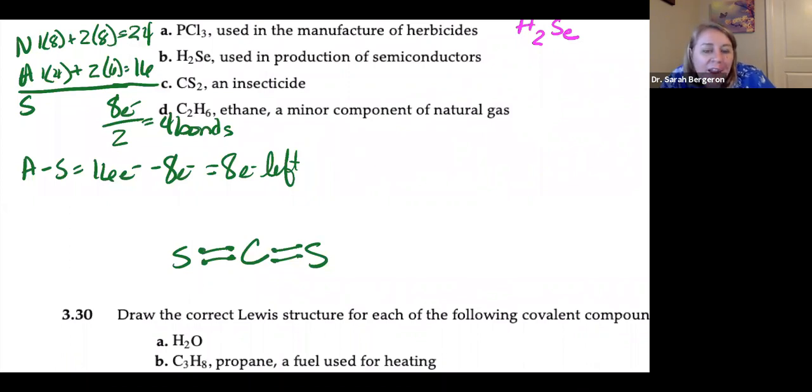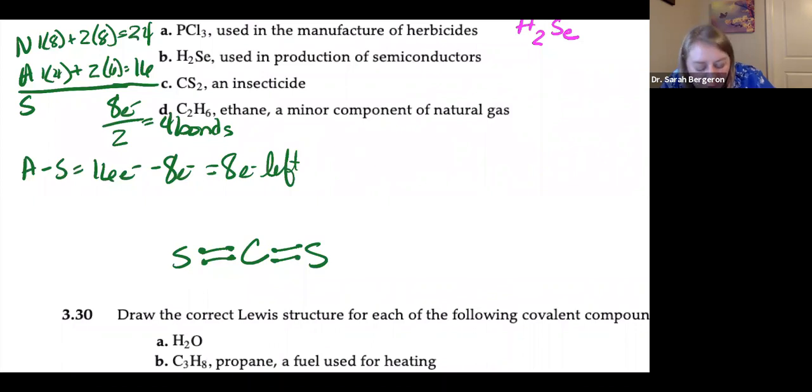Now I have 8 electrons left. Where do I put them? I can't put them on carbon because if I count carbon, I have 2, 4, 6, 8 electrons. So I can't put my leftover electrons on the carbon.